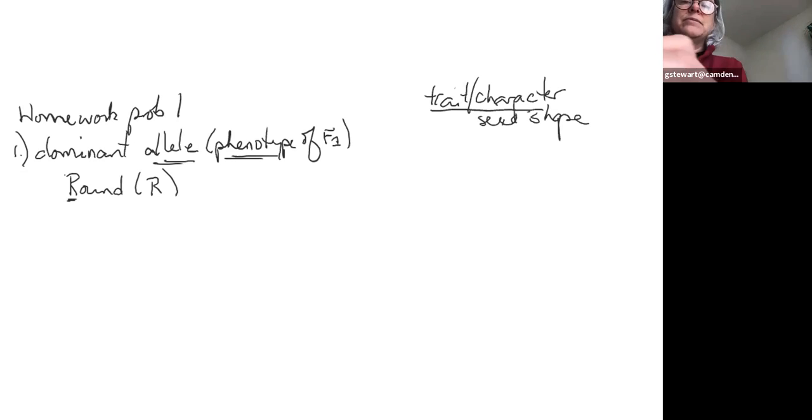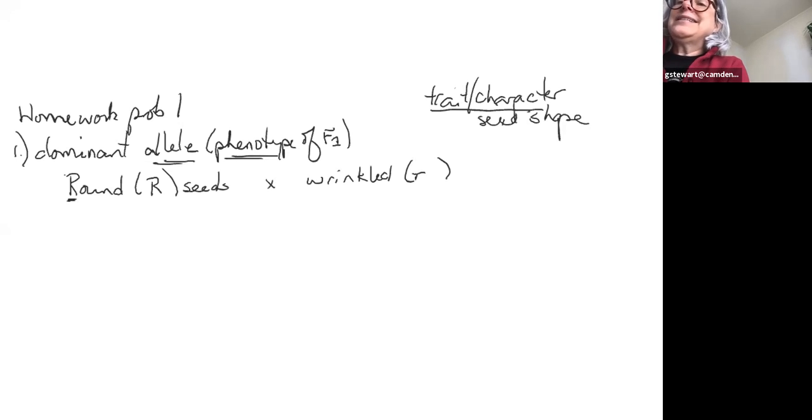Now we have a dominant allele pea plant with round seeds. And we are going to cross that plant with one that is wrinkled. We do not ever change the designation.